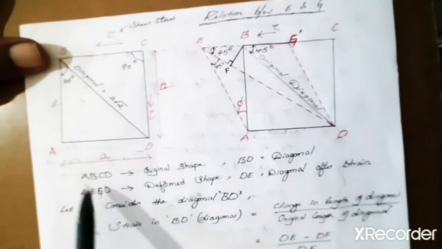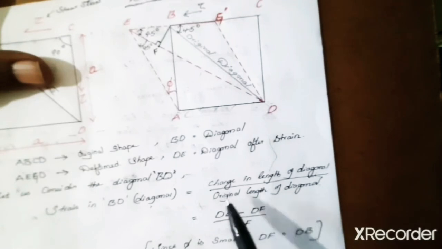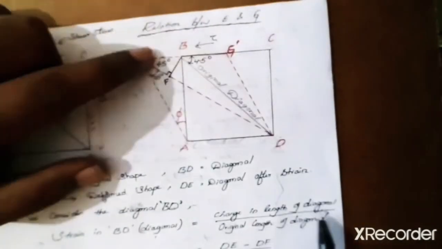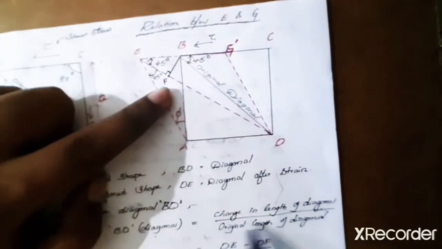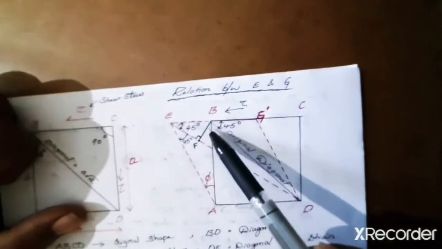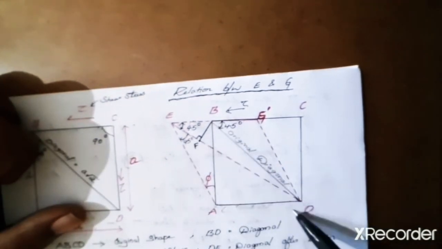So as you see, let us consider a diagonal BD. Strain in diagonal BD is equal to change in length of the diagonal divided by original length of the diagonal. What is the change in length? As you can see here, I can project B onto this diagonal.